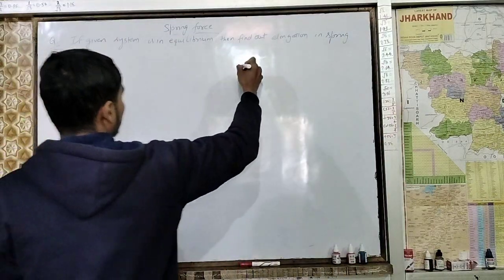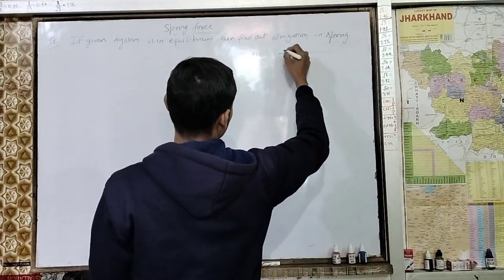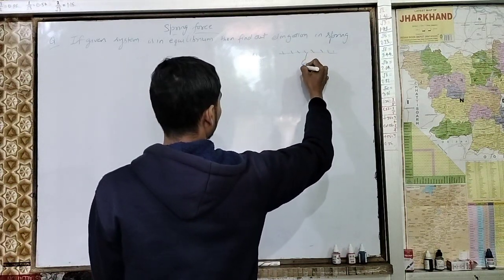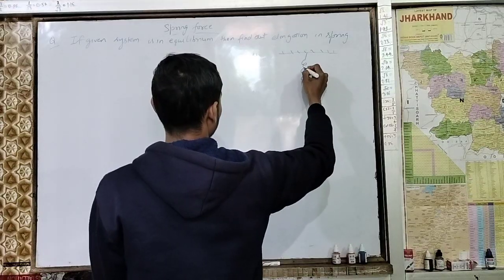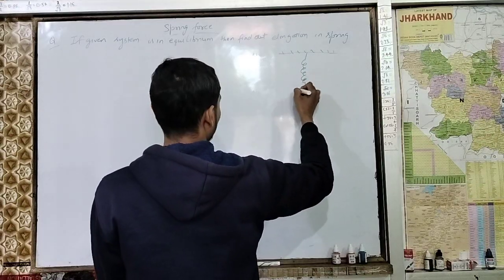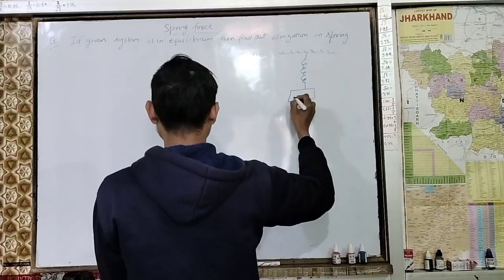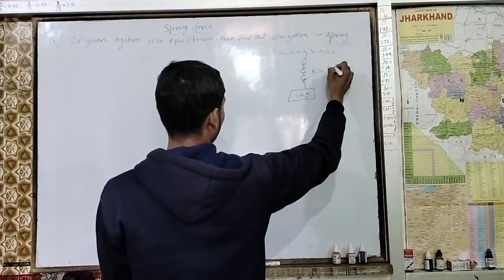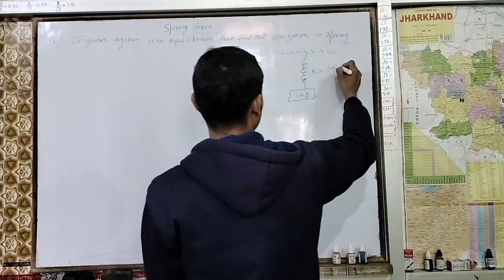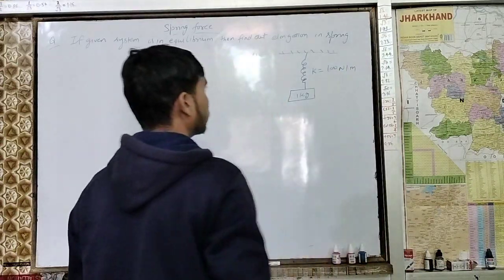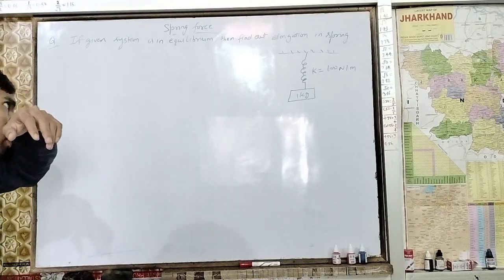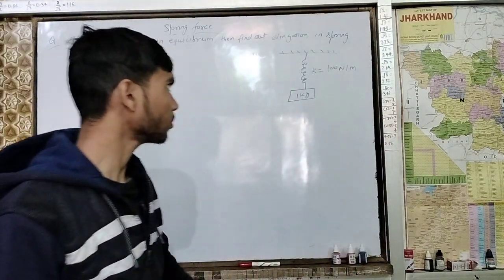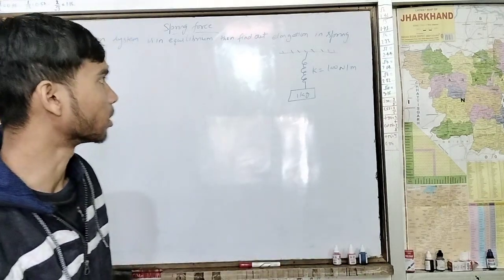So the first figure: this is our spring, which is holding a mass of 1 kg. K is 100 Newton per meter, meaning in 1 meter the force is 100 Newton.